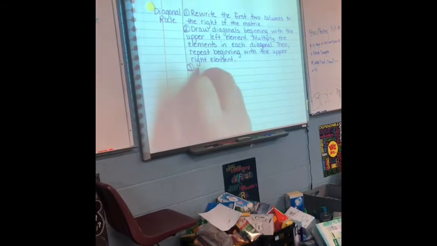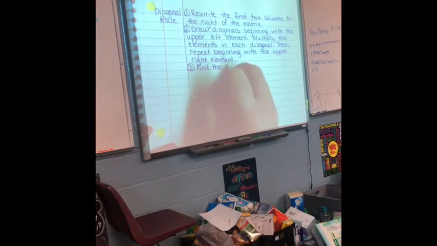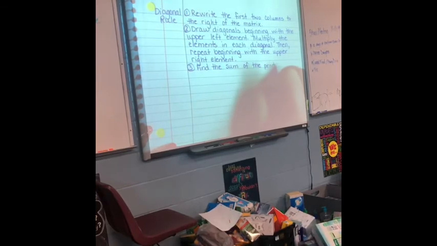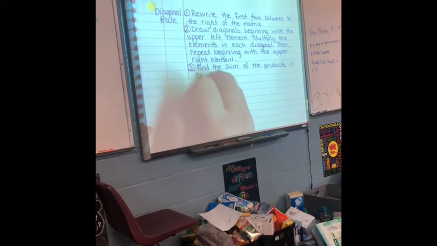Step three, you're going to find the sum of the products for each set. And by each set, I mean the left and then the right.